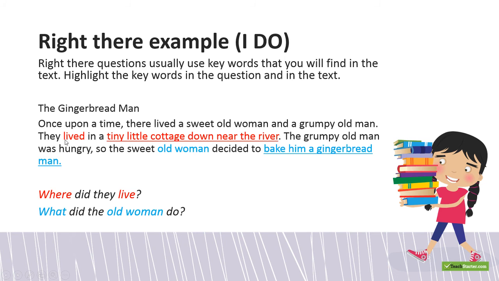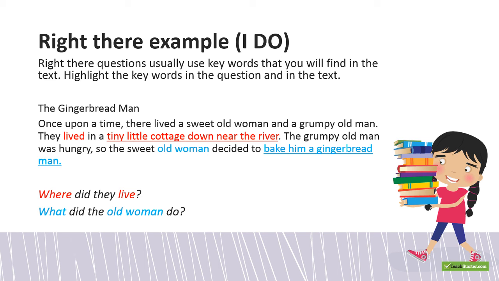The grumpy old man was hungry, so the sweet old woman, I found a key word, decided to bake him a gingerbread man. What did the old woman do? The old woman decided to bake him a gingerbread man. I found it and I can point to it. Therefore, it is a right there question and I have found my answer.